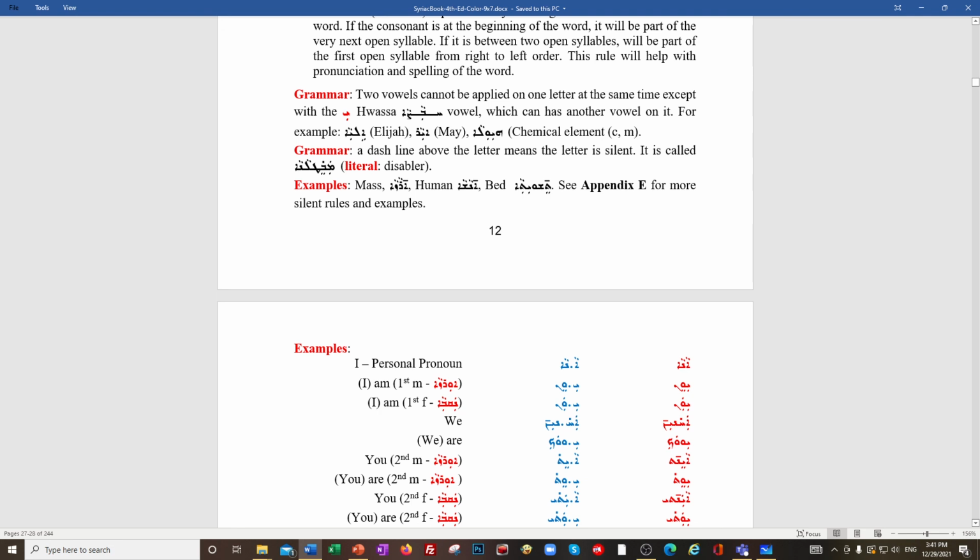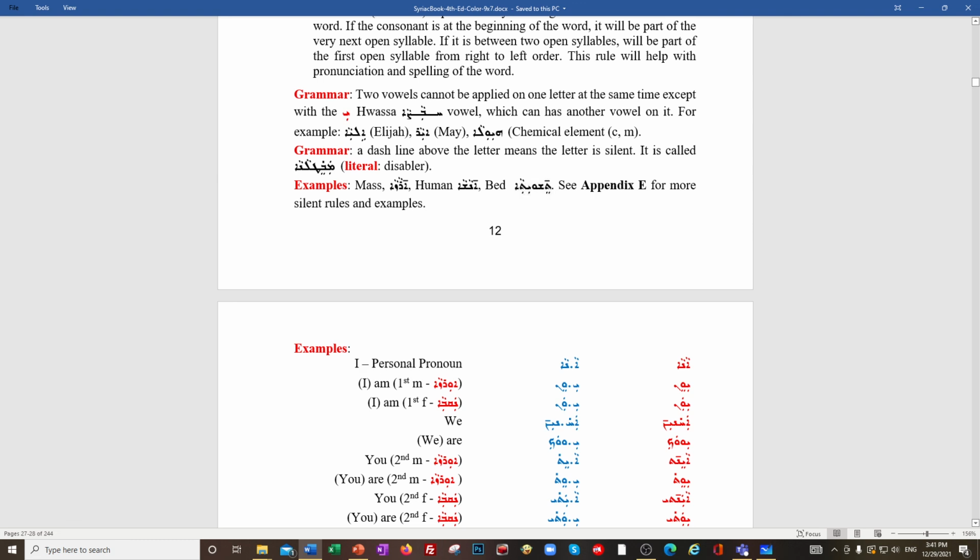Human, nasha. Again, alep with a silent line above. And the next one is bed, shwitha. You see, this one is made silent. Honestly, if I don't silence this word, I'm going to say tishwitha. That would convert it to the classical formal language.